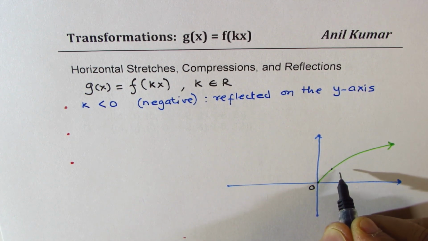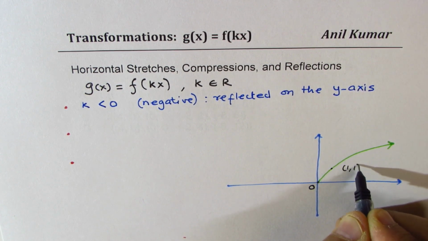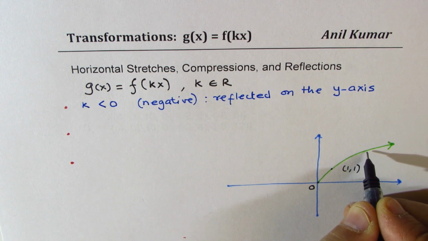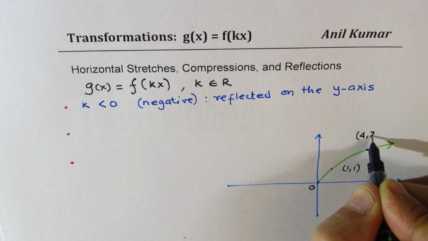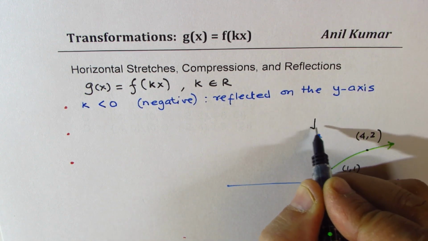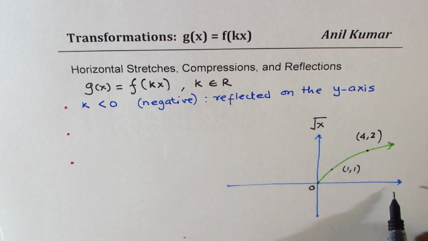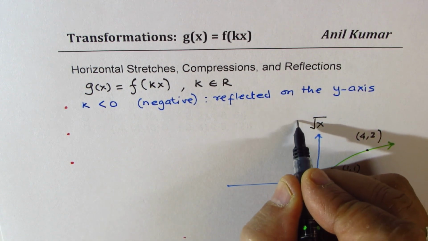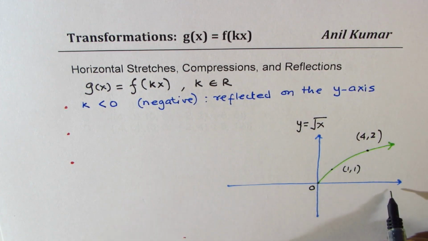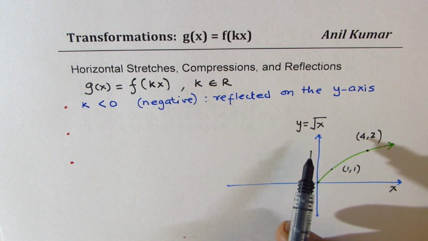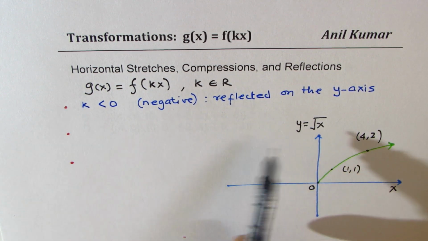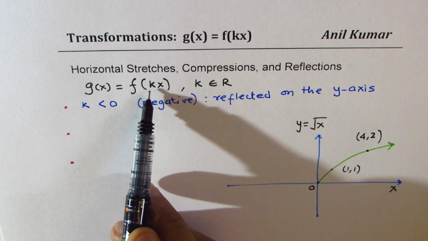This is a point which is 1, 1, and then we'll consider a point 4, and the square root of 4 is 2. So we'll consider these 3 points on our function y equals square root x.